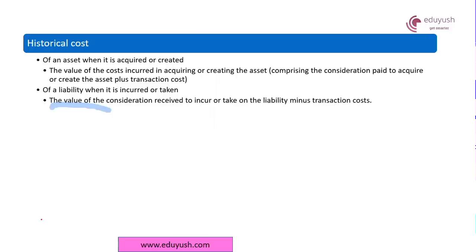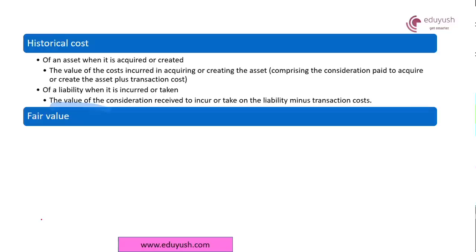Or suppose you have an asset in the form of a loan and some money is received from the loan, at the end of the year the value of your asset will be the original loan amount less the installment that you received, the net value. Or if there's interest outstanding, you'll add it to the loan. So much detailing is there on historical cost, but it's not that important. And I don't think it's there in your book to that extent. So I have just given you an idea.